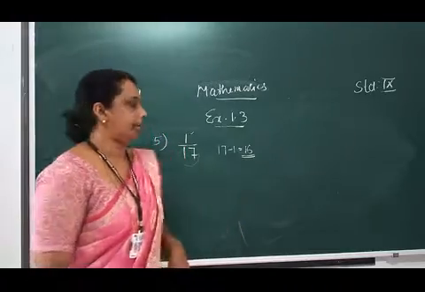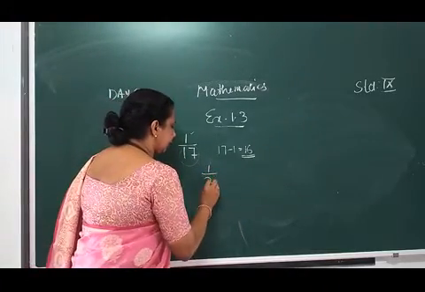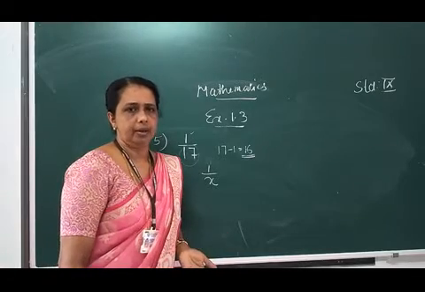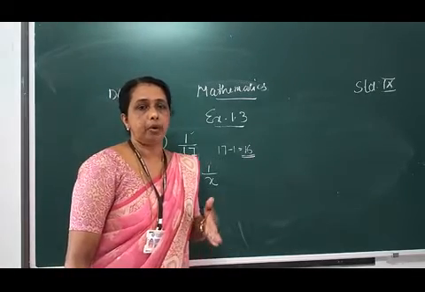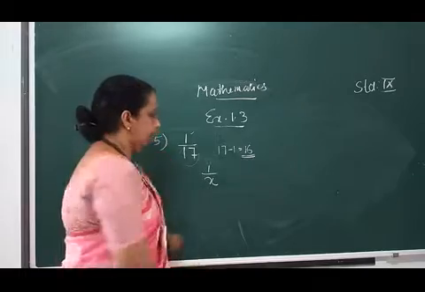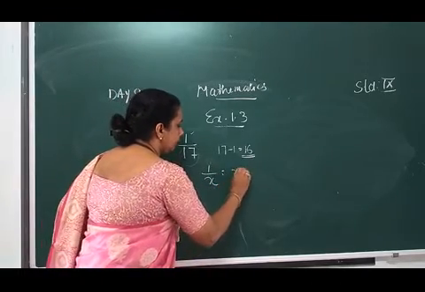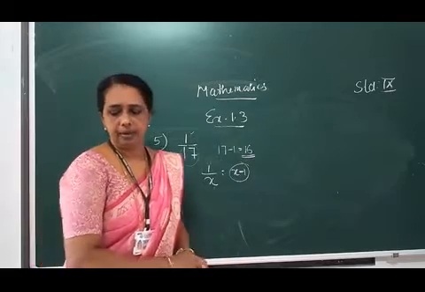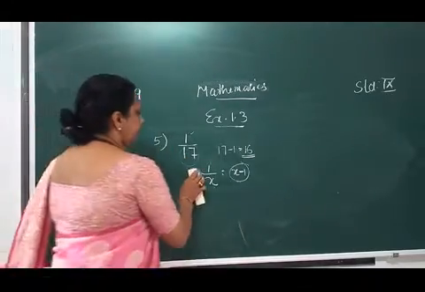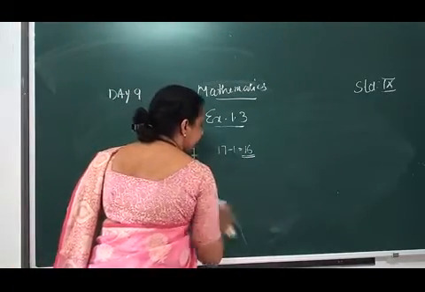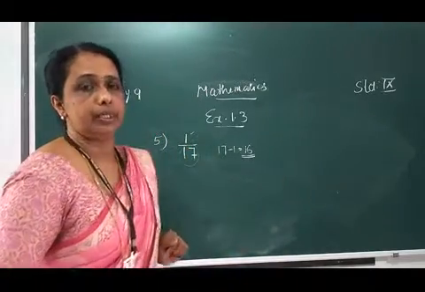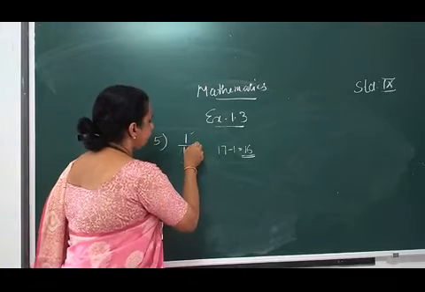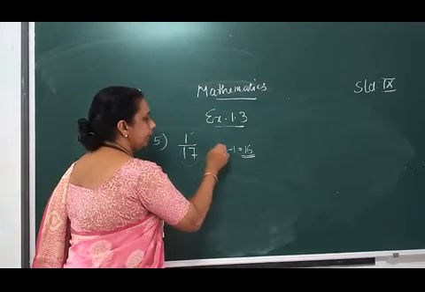Generally we can say that if 1 by x is a rational number and x is a prime number except 2 and 5, then the number of digits repeating in the quotient, or in the repeating block, we can find out as the denominator x minus 1.